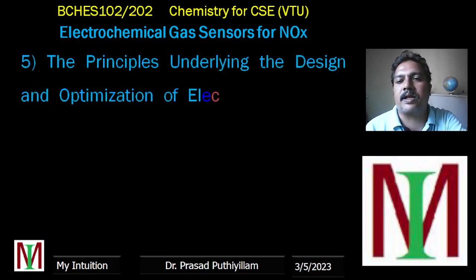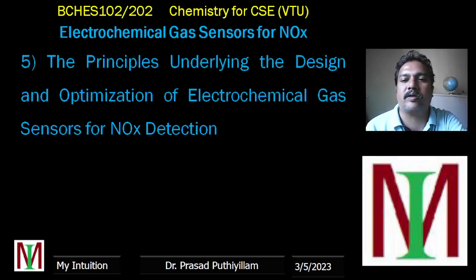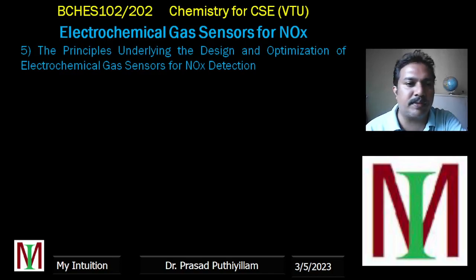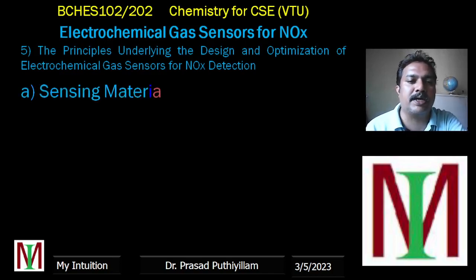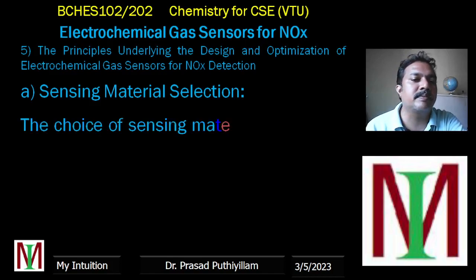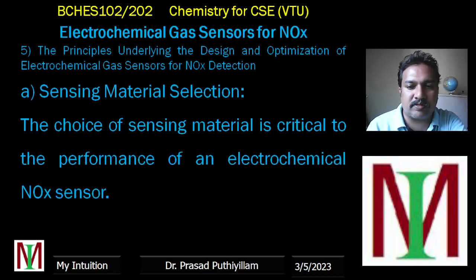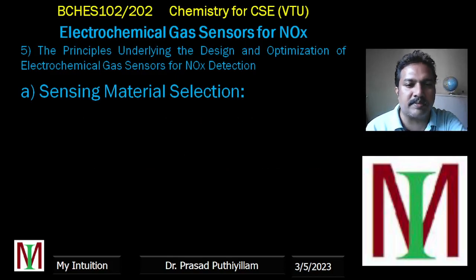The principle underlying the design and optimization of electrochemical gas sensors needs to be explained. So, we need to consider sensing material selection. The choice of sensing material is very critical in the performance of an electrochemical oxides of nitrogen sensor.